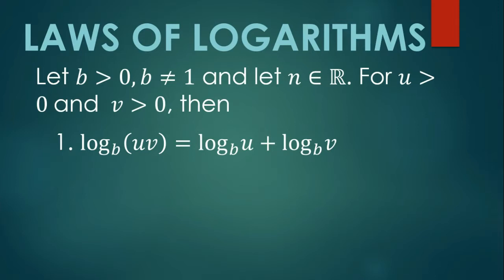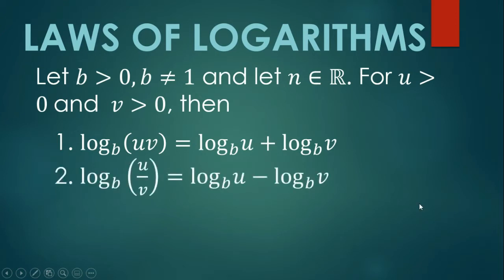So, if nakita mo na yung number which comes right after the subscript ay product of two separate terms, we can separate them by affixing log base b sa dalawang terms, log base b of u, log base b of v, and then we combine them by the addition symbol plus.